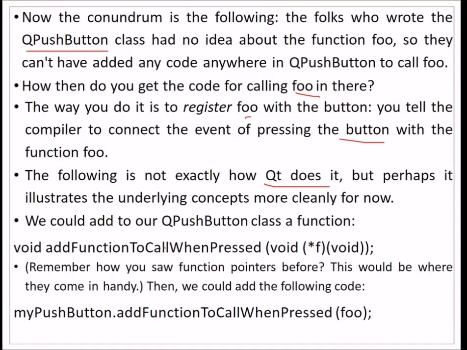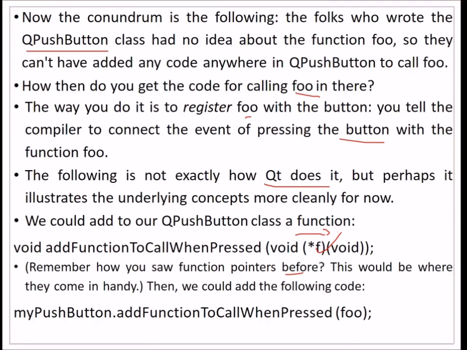So we could add to our QPushButton class a function like this: add function to call when pressed, which takes a void function pointer f. You need to remember how you saw function pointers before; this is where they come in quite handy.